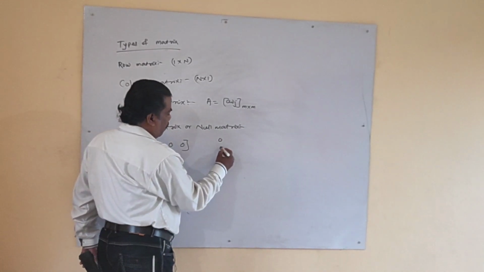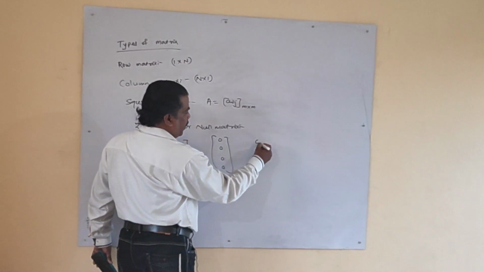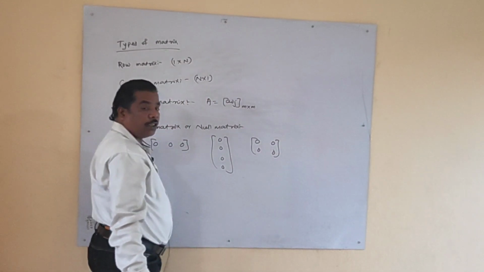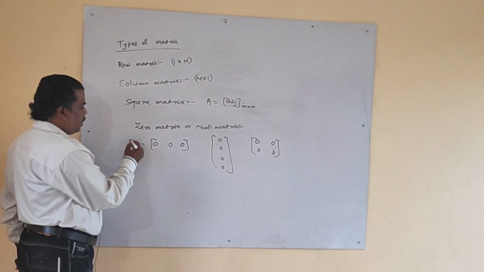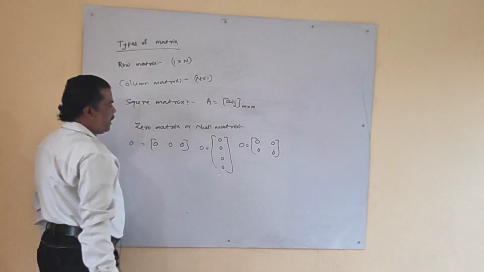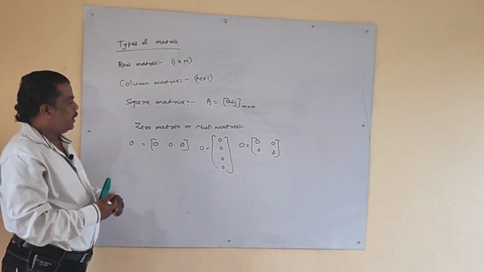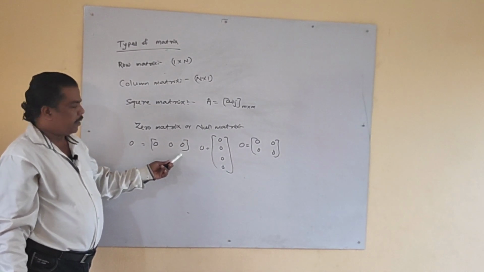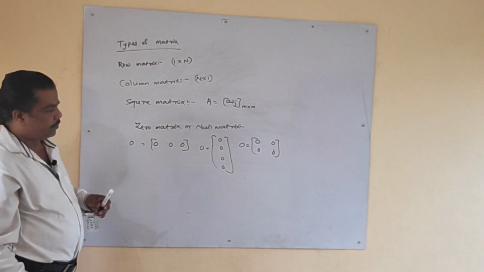It is a column matrix, but the elements are zero, so it is called a zero matrix. It is a square matrix, but the elements are zero, so it is a zero matrix or null matrix. All zero matrices are denoted by the symbol 0. So a null matrix or zero matrix is a matrix where all the elements are 0, whatever the order may be. We say it is a zero matrix.